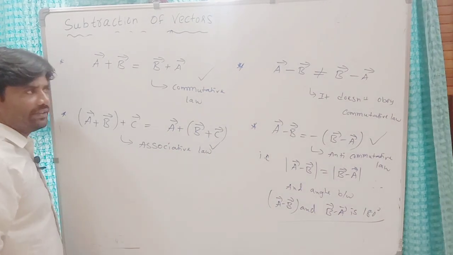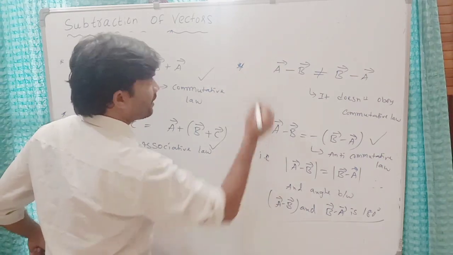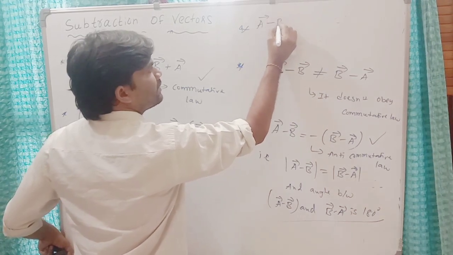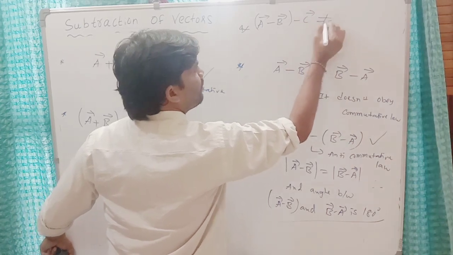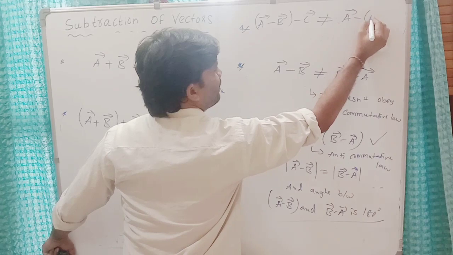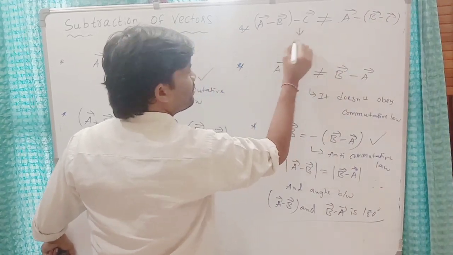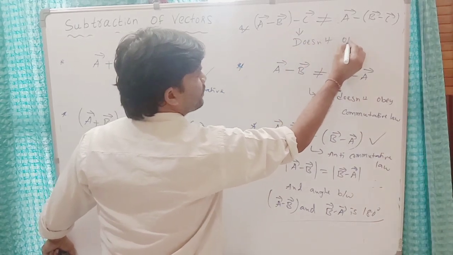Vector addition obeys this. But vector subtraction, a bar minus b bar minus c bar, is not equal to a bar minus of b bar minus c bar. It doesn't obey the associative law.